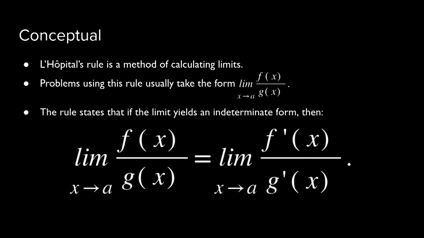The rule states that if the limit yields an indeterminate form, and indeterminate forms are things like 0 over 0, infinity over infinity, 1 to the power of infinity, 0 to the power of 0, infinity minus infinity, stuff like that, then you can rewrite the limit like this: f of x over g of x is equal to f prime of x over g prime of x. And this lets you calculate limits like the ones you'll see in these following problems.